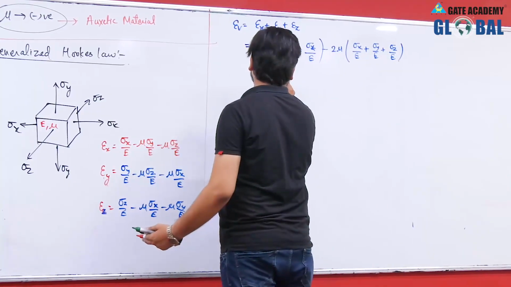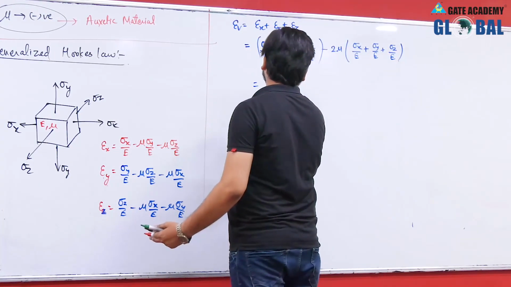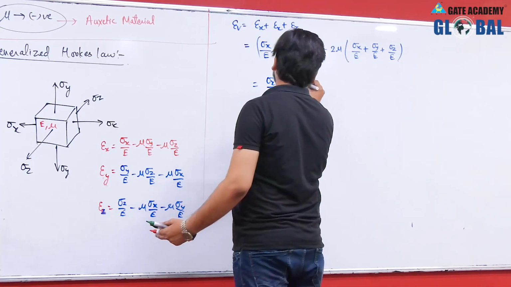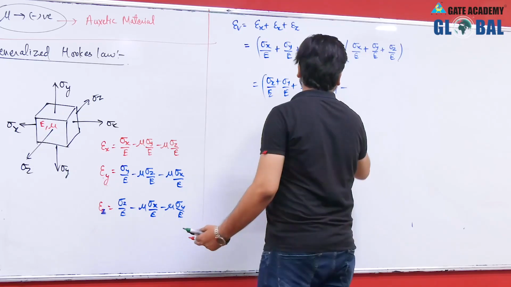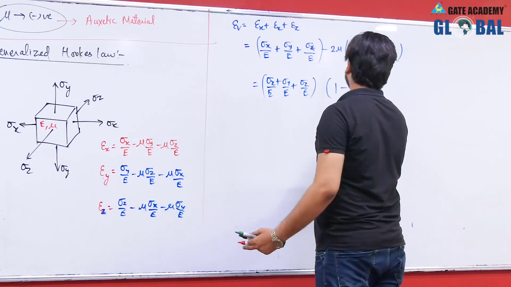This will become sigma x by E plus sigma y by E plus sigma z by E, multiplied by 1 minus 2 mu.